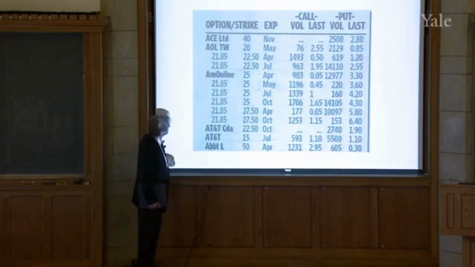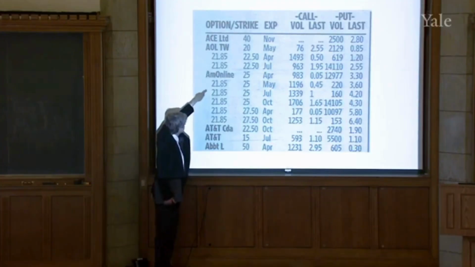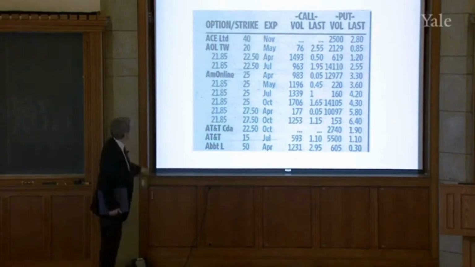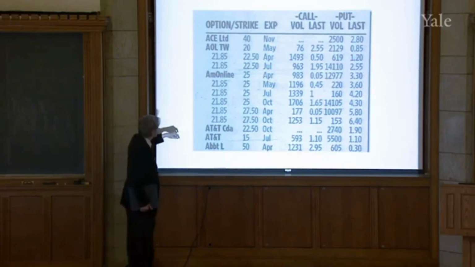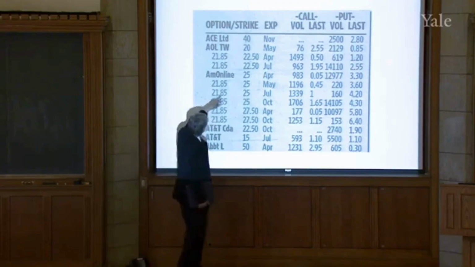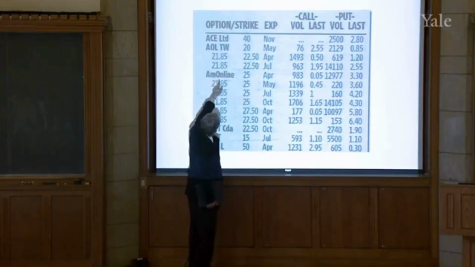Anyway, under every row, it shows the price of the share at $21.85 a share. So you can take any of these rows, and it shows you for various strike prices what the options prices are. So let's go to the top row.